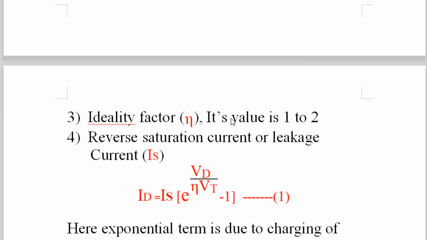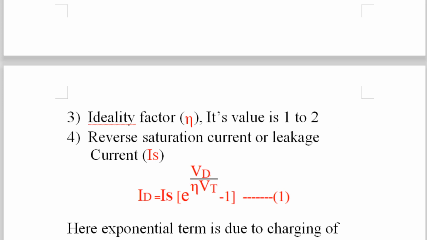Its value is always in the range of 1 to 2. Some people take eta as a constant 1 all the time to avoid complications in the calculations, but we'll keep eta as it is in our calculation.